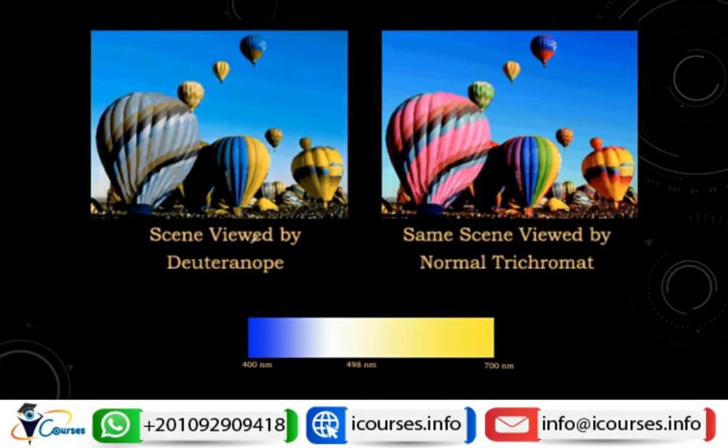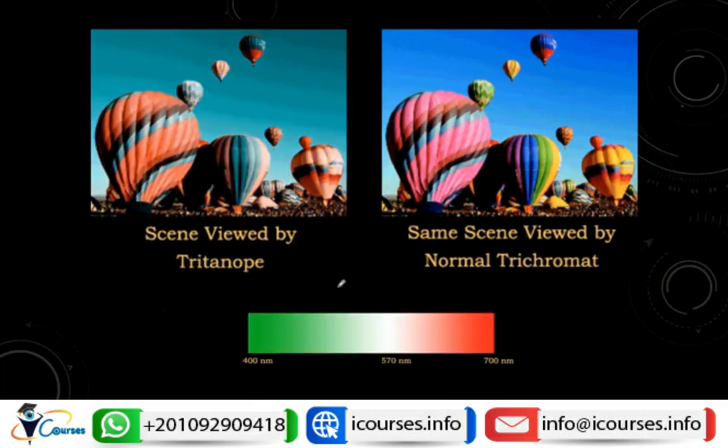And this is the deuteranopia. The patient cannot see the green color. Check this green color, check this green color. The patient cannot perceive it. And this is the tritanope. The patient cannot see the blue color. Look at the blue part of the sky. So it will be a grade of color between the red and the green, as the patient has only the red and green cones functioning.